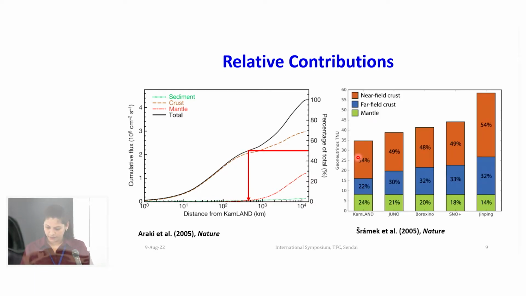With that information, there was also a study by Shramik et al., where they predicted the contribution of these different components of the fluxes. So again, from different studies, like from KamLAND or what is expected from JUNO or Borexino, it was shown quite clearly that the crust has the major contribution, about 50%.